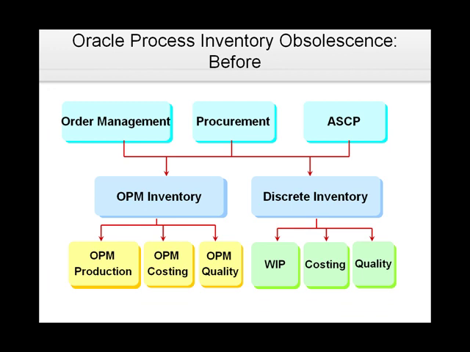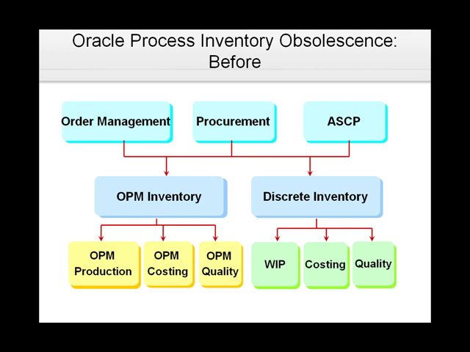The slide which you can see in front of you is the one which was there in 11i. First of all, Oracle process inventory obsolescence, before. Now you can clearly see there are two separate inventory organizations pertaining to OPM inventory and discrete inventory. This was the case in 11i.